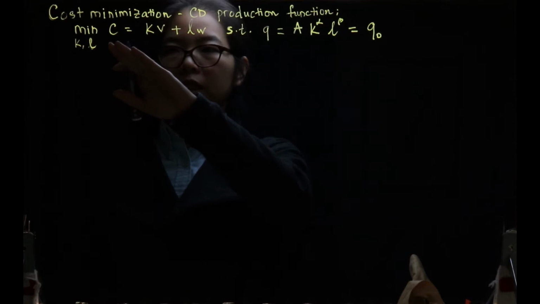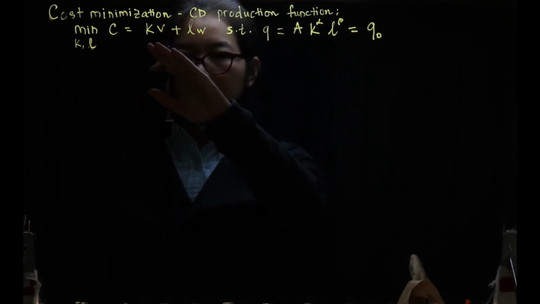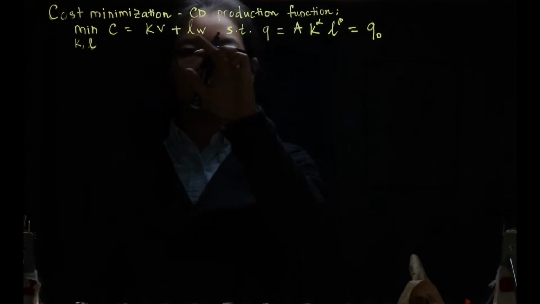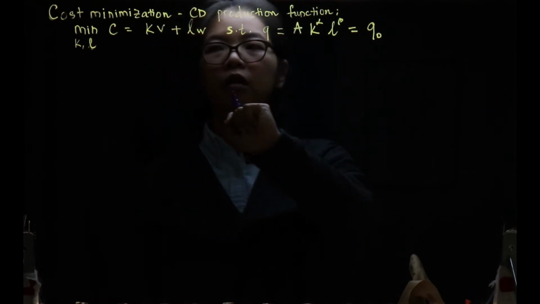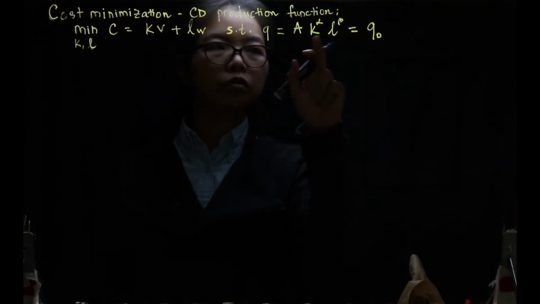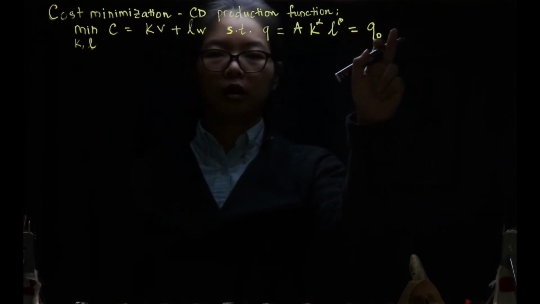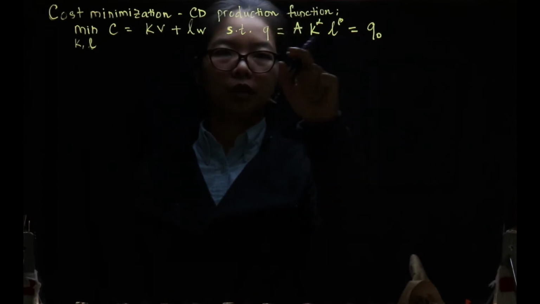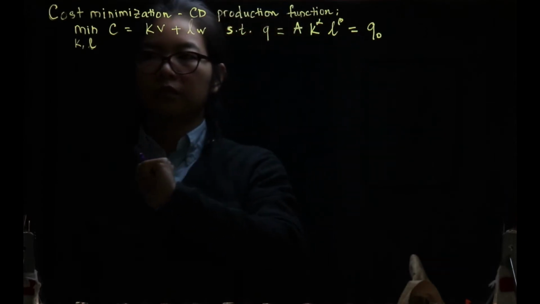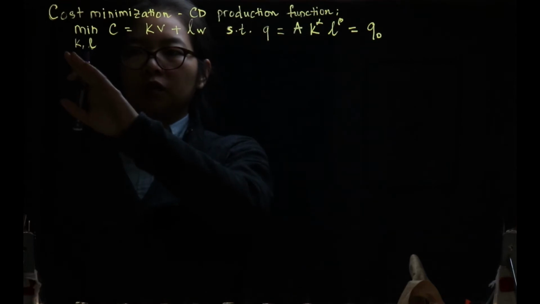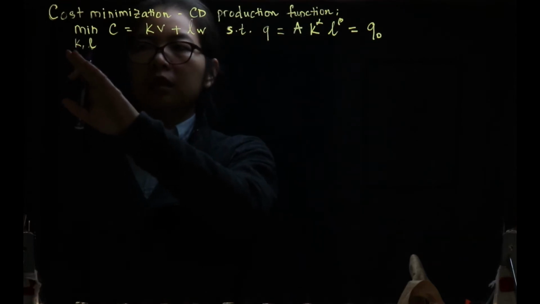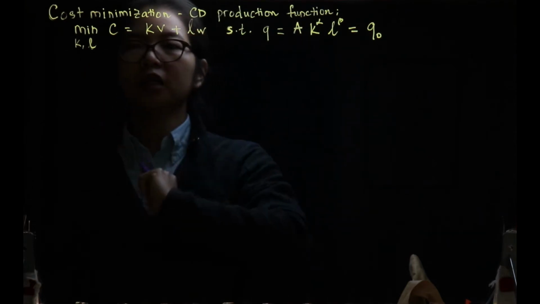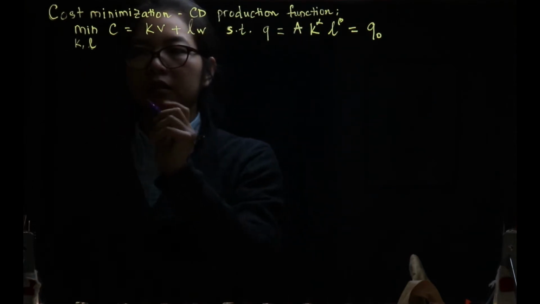Here, we want to minimize the objective function, which is the cost, the cost of labor plus the cost of capital, subject to the constraint, the targeted output quantity Q0 with the Cobb-Douglas production function. And we try to find the optimum quantity of K and L in order to minimize this cost.